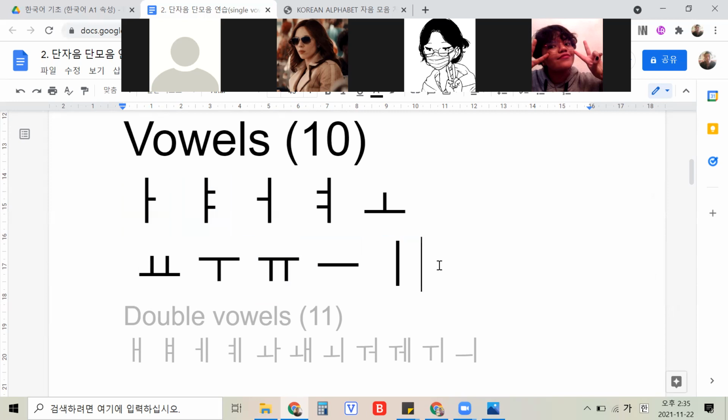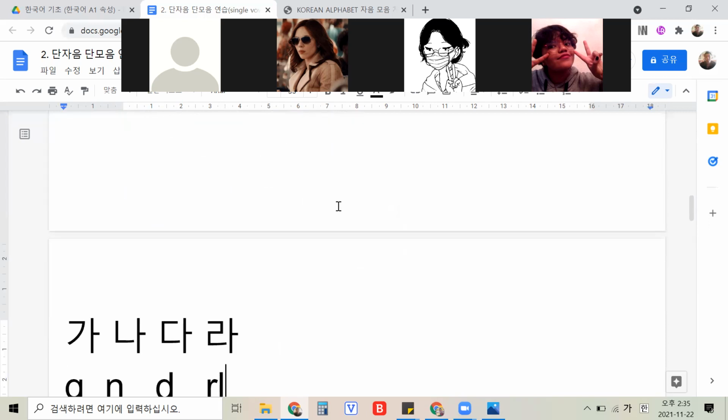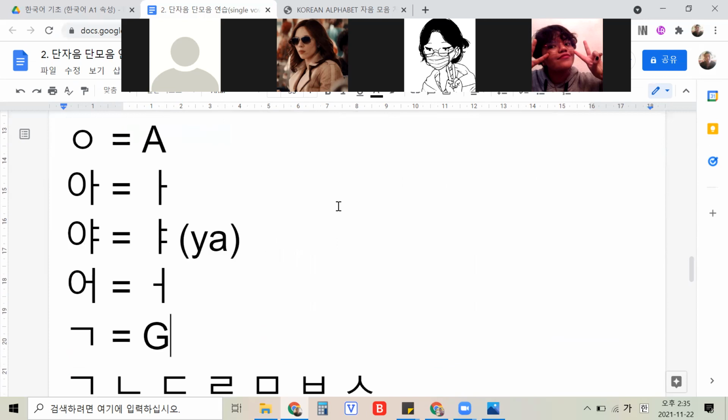In other words, that was the sound. Each of them is very similar, isn't it? Especially this a and o. When you start learning this one, you need to compare it with the second one as well. The second one was a, but this one was yo.